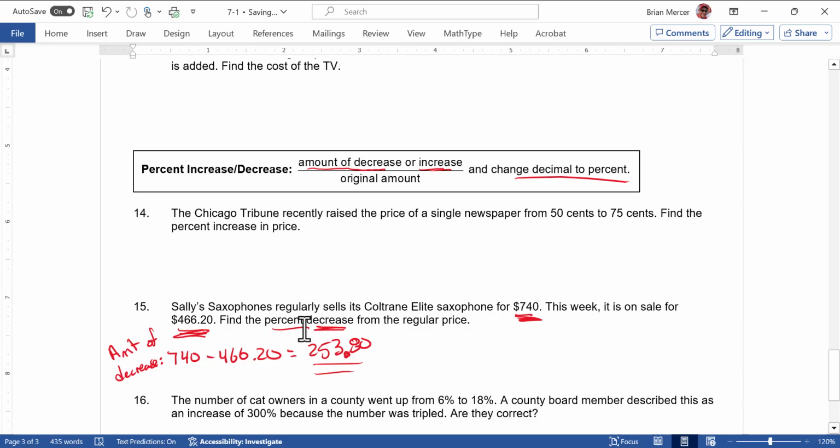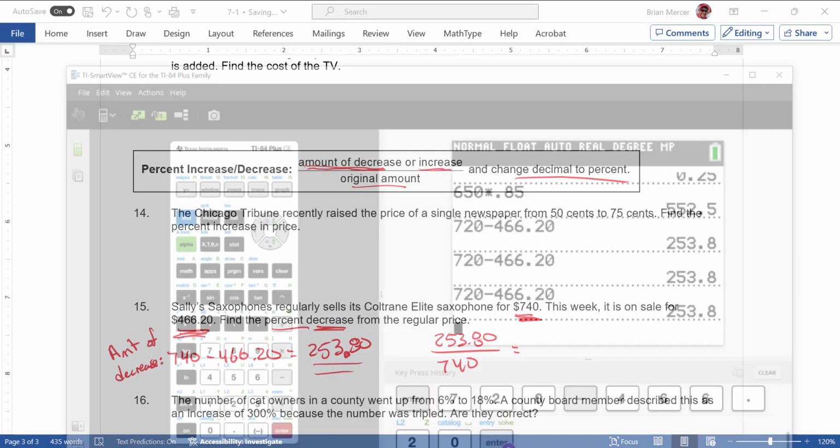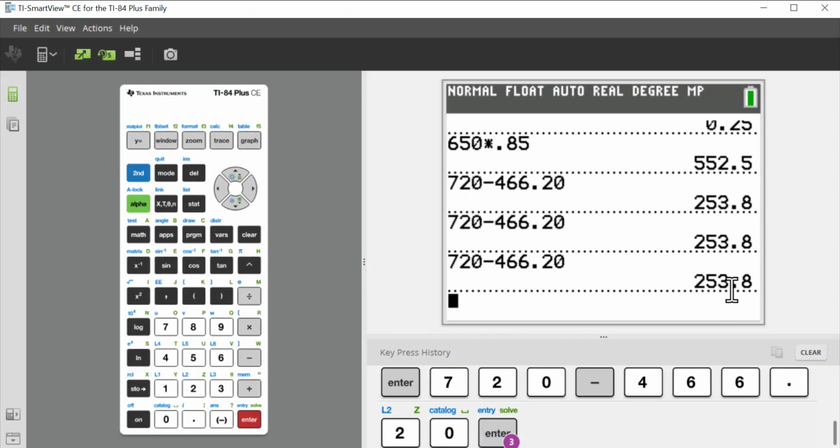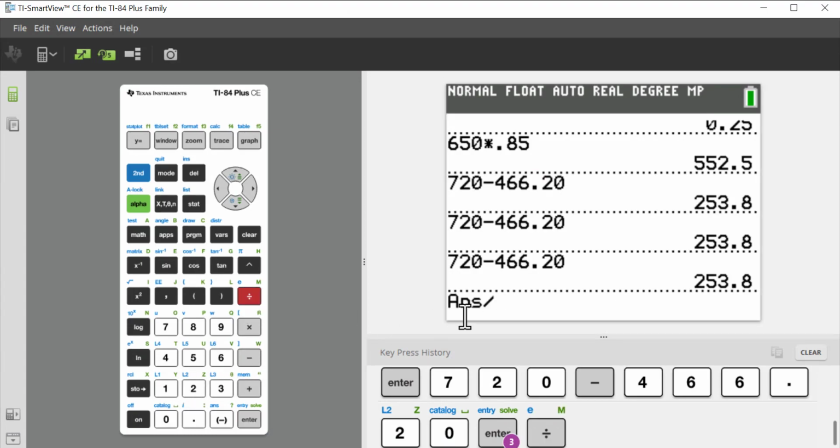So to find a percent decrease, it's the amount of decrease divided by the original amount. So we want to take 253.80 and divide by the original amount, 740, and figure out what that is as a decimal, and then convert that decimal to a percent. So I can just hit divide, because that takes my previous answer, divided by 740.